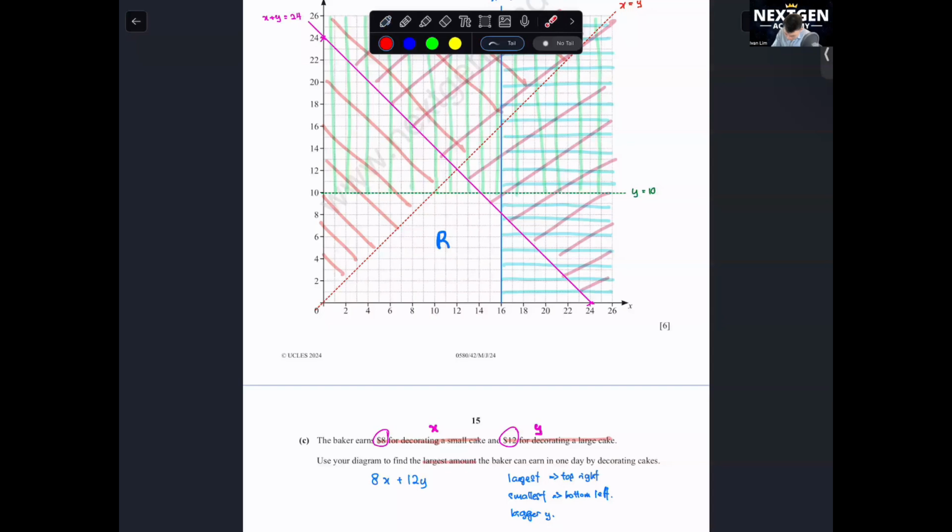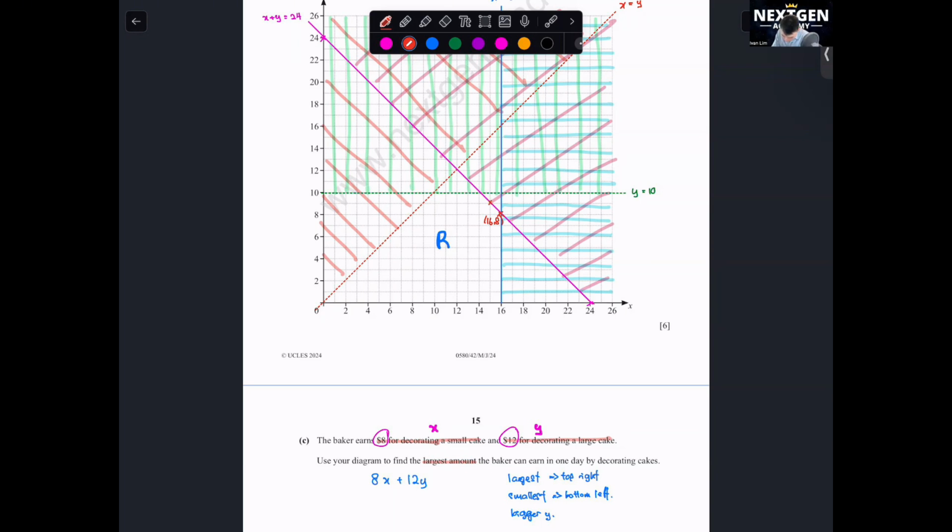So you look over here, do you have any value or not? Either you take this point here, which is (16, 8). Or wait, is it (16, 8)? Let's see, any more?